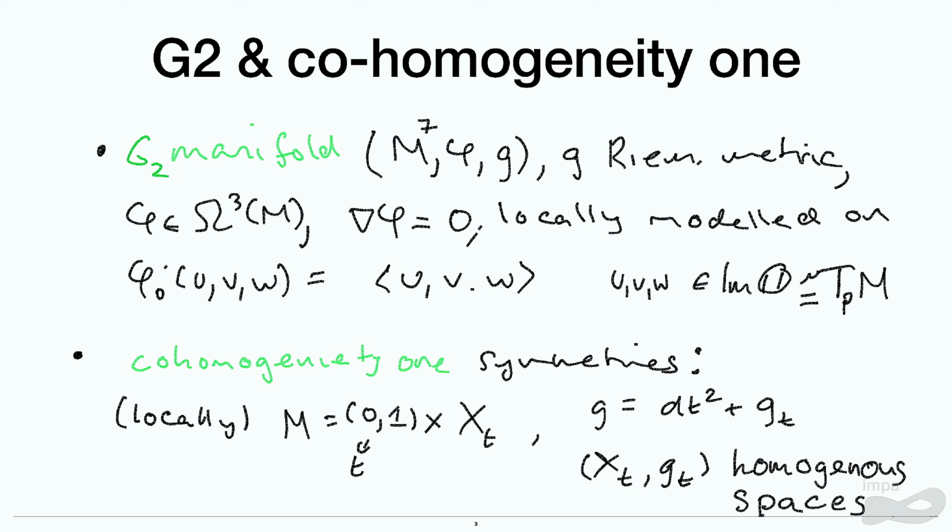The metric on this space splits orthogonally as well, so I get a dt squared piece, and then the metric on the one-parameter family of homogeneous spaces. Said another way, I have an action on my manifold of a Lie group that has generic orbits of codimension 1.